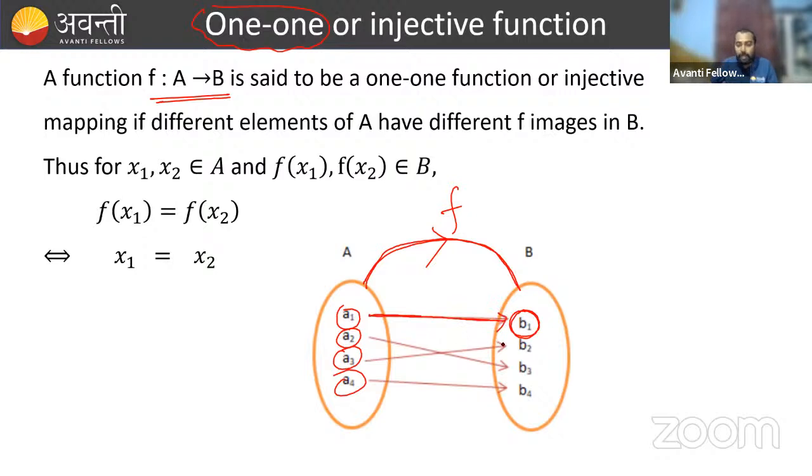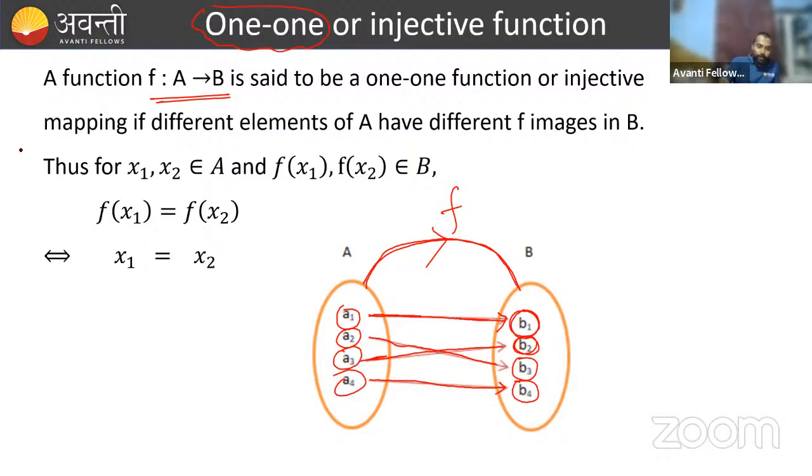Similarly, b2 is the image of a3, b3 is the image of a2 and b4 is the image of a4, right? So all the elements of set A have different images in set B. Clear? Then we can say this function is 1-1.